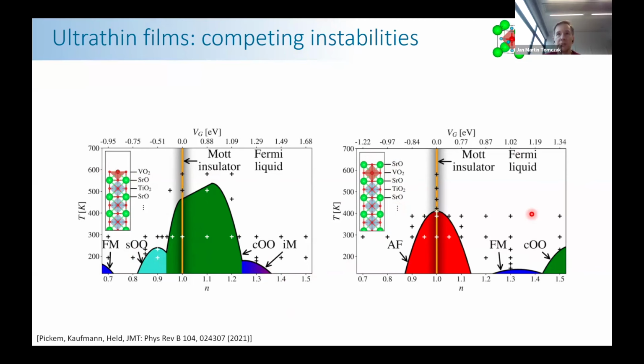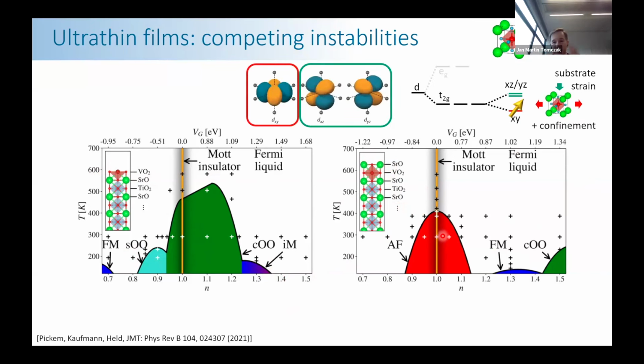And here I just want to motivate for those dominating phases, what is the intuitive physical understanding, why do we have these phases? And that has, of course, to do, that's why I did this whole introduction, with the orbitals and with the structural effects that I was talking about. So here we have the rather canonical case in this unit cell that the substrate strain and the confinement conspire in having the degeneracy lifted and this XY orbital going down.